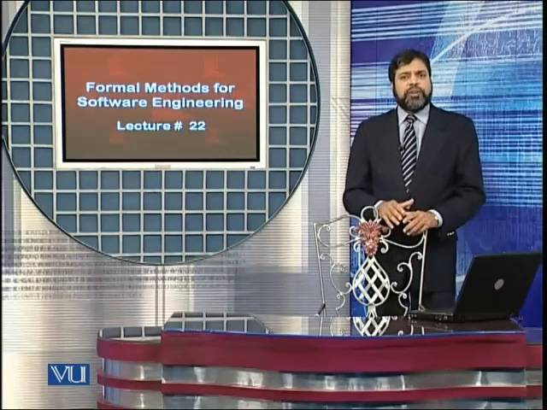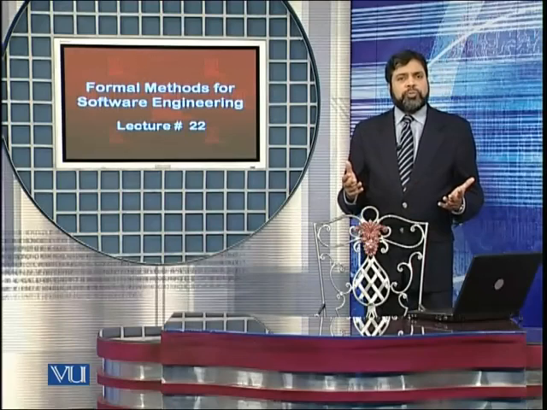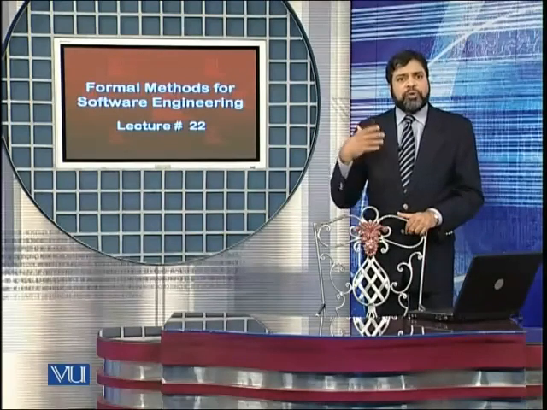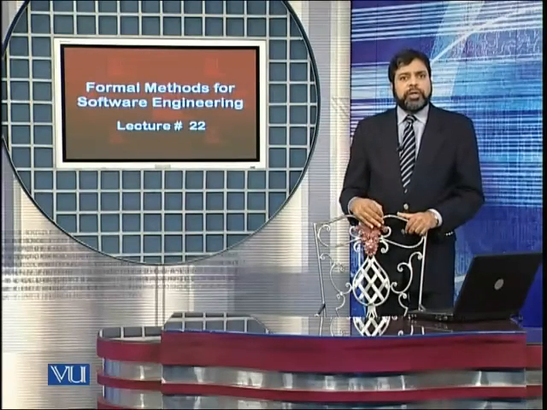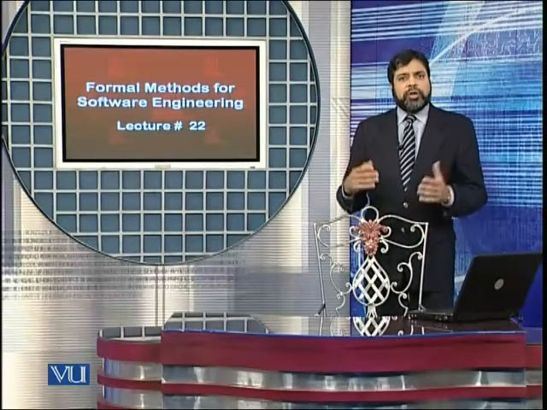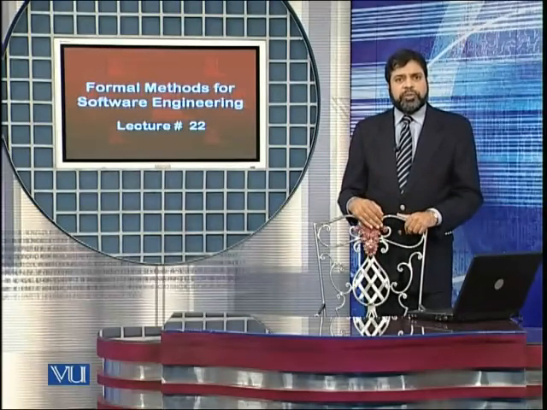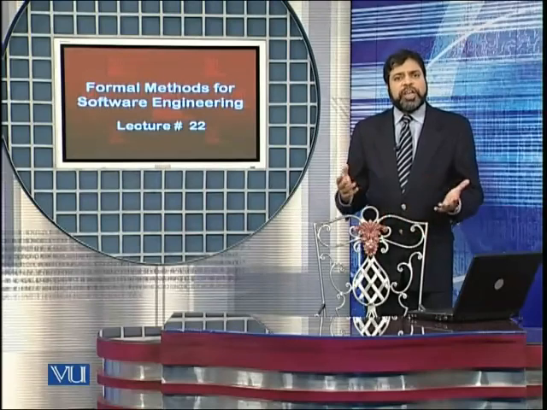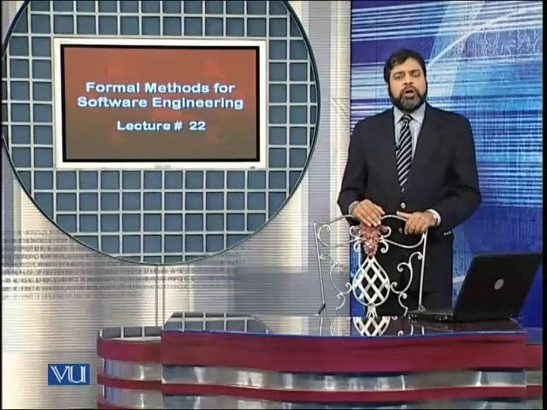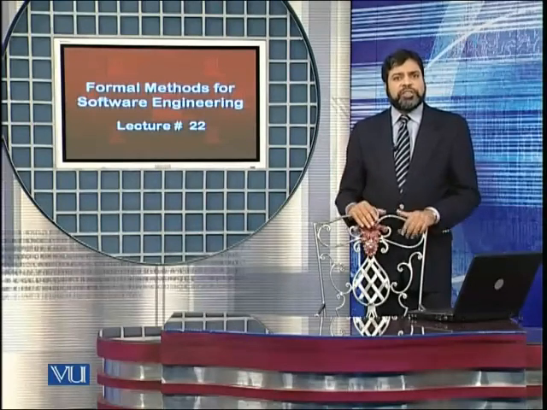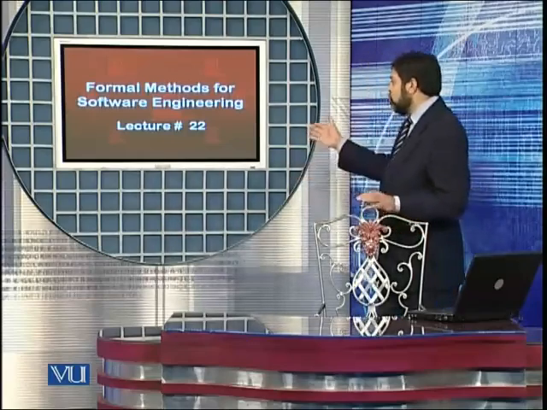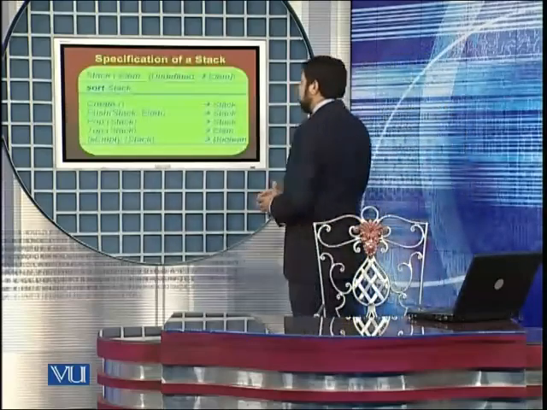It is slightly modified. And we shall see why we had to modify that rule, or why we had to apply a different principle here. And what do we get as a result? So here is a classic example of a stack. So we have a stack abstract data type.